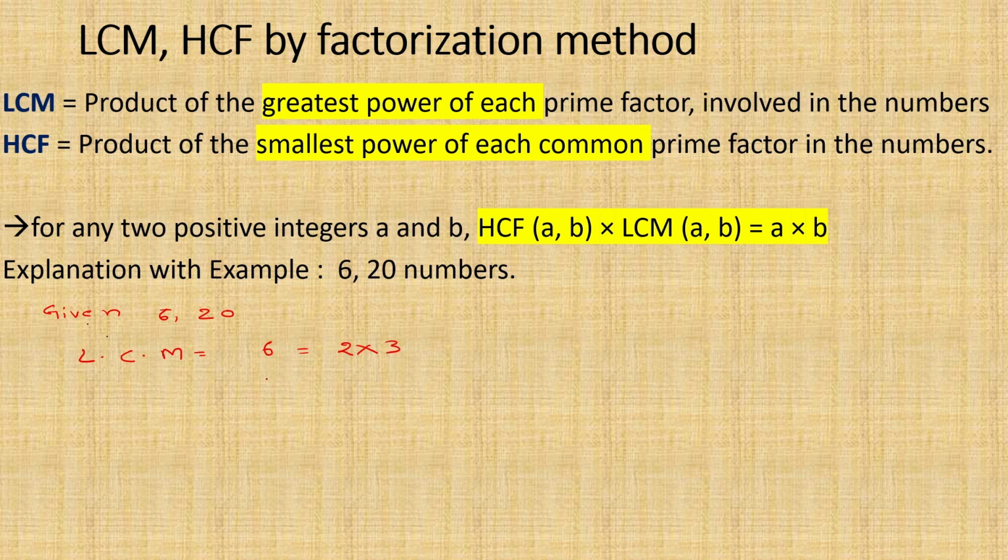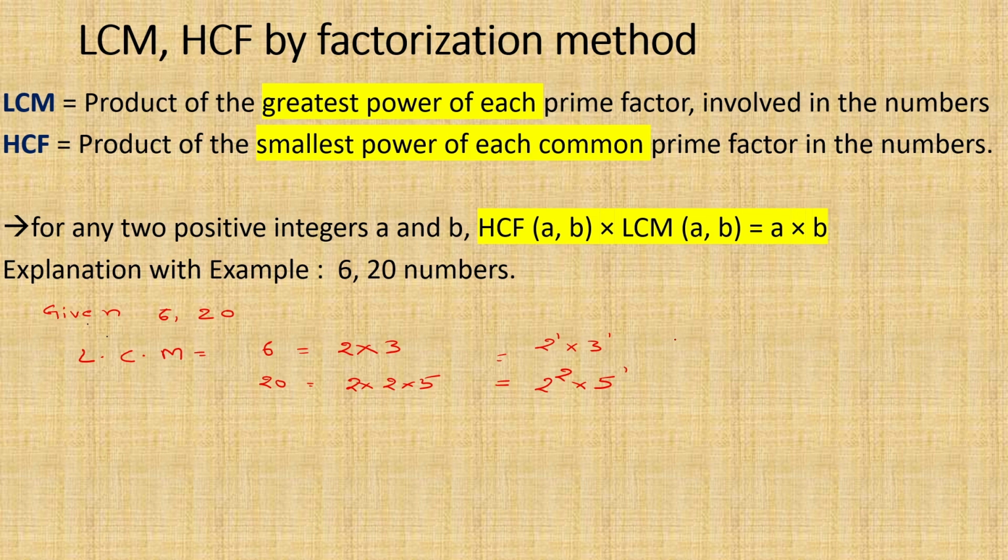Here I write only prime factors, because for calculating LCM and HCF we write the prime factors only. And for 20, what will we get? 2 into 2 into 5. For 6 it is 2 power 1 into 3 power 1. For 20 it is 2 power 2 into 5 power 1.